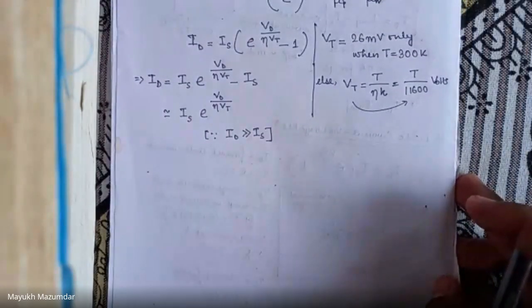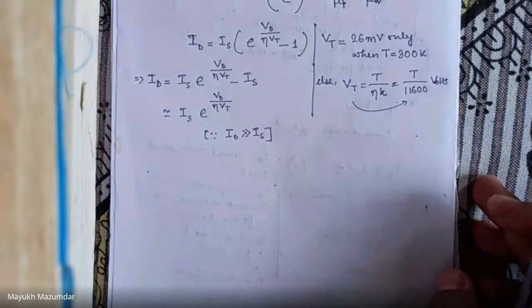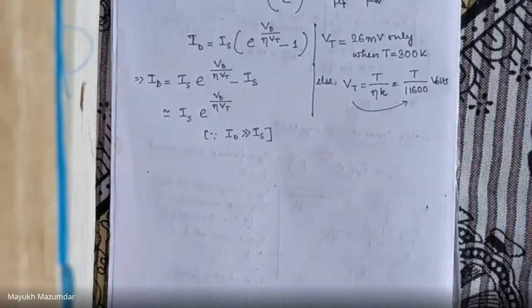What I have written? Fine. So we can approximate this, and there won't be any harm. We would be doing this approximation very often, and sometimes we take it for granted.